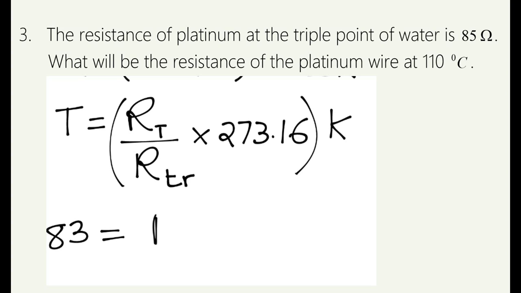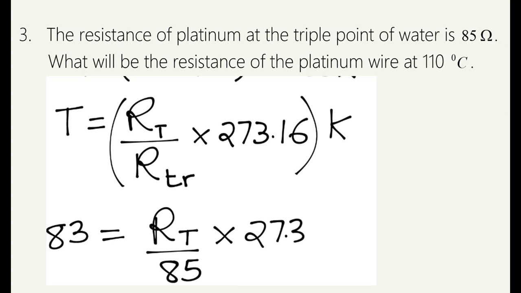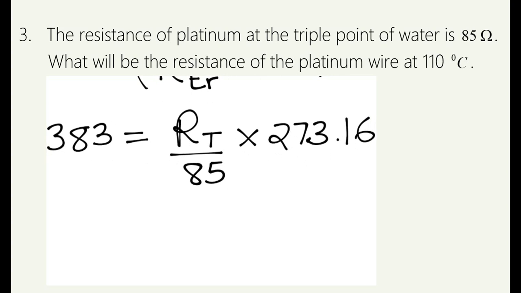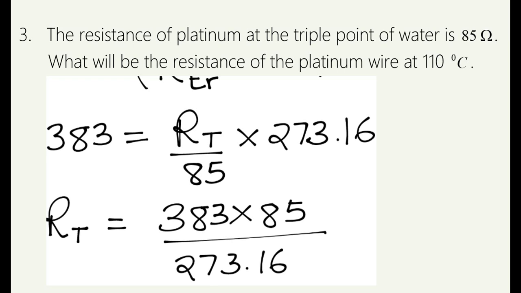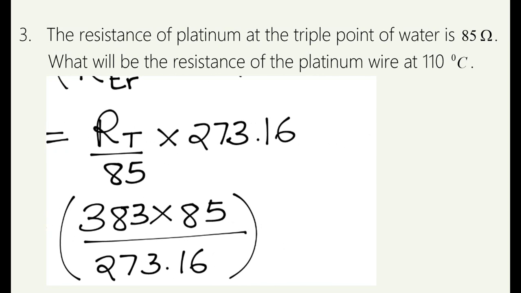So 383 should be equal to RT, which we are looking for, over RTR, the resistance at the triple point, 85 ohms, times 273.16. Then simply we want to make RT the subject. RT is going to be 383 times 85 divided by 273.16, and whatever we get will be in ohms.